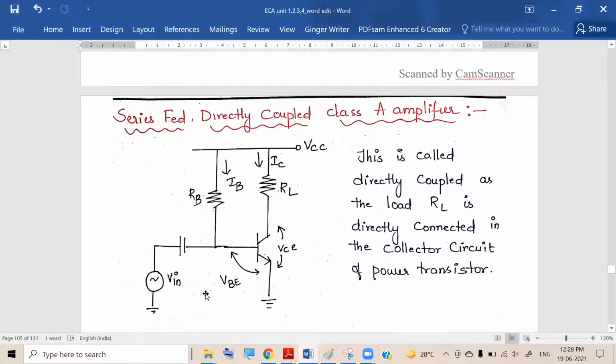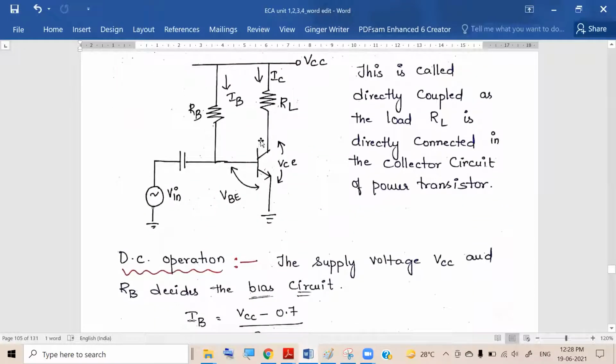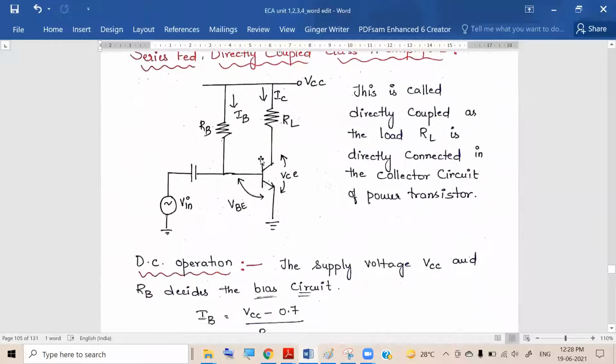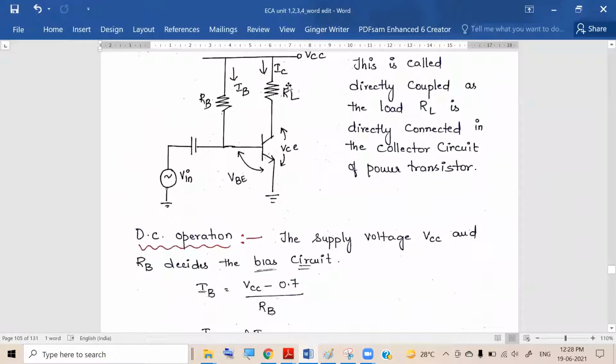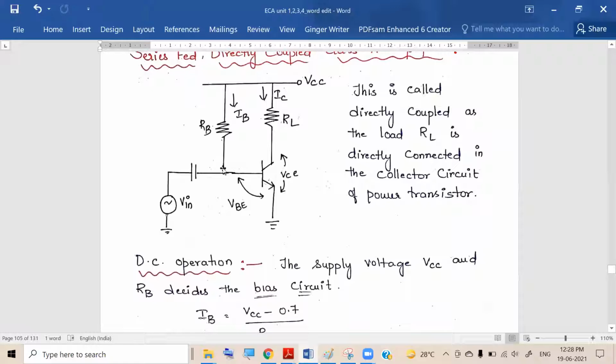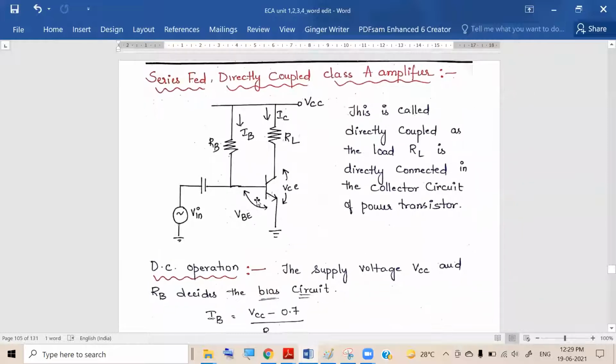If you apply KVL to the input loop, VCC is equal to IB RB plus VBE.